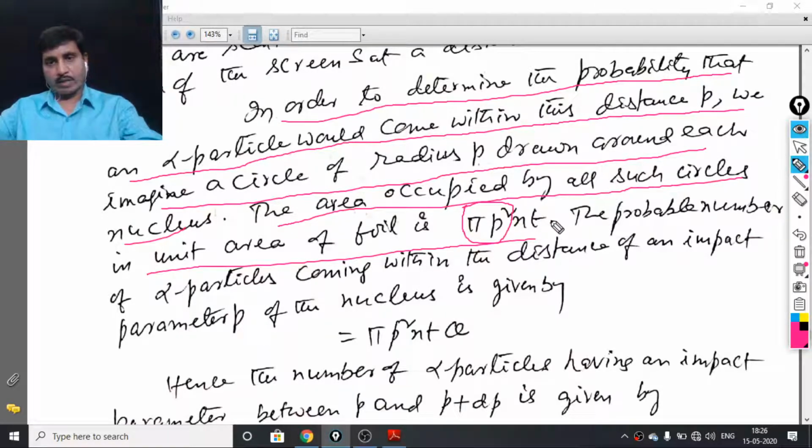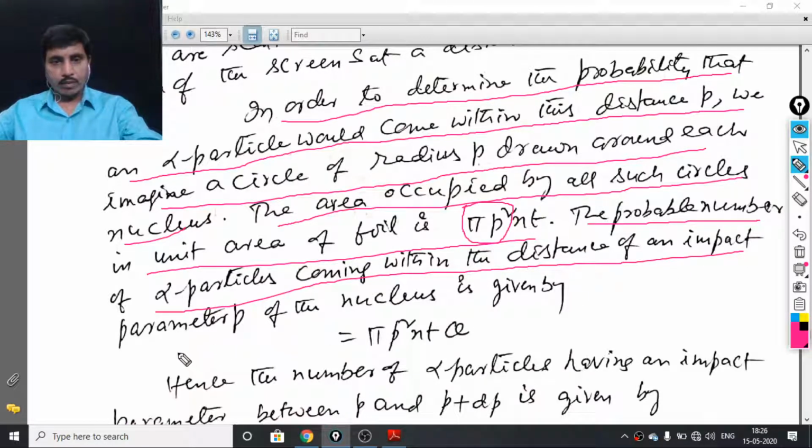of the scatterer. The probable number of alpha particles coming within the distance of an impact parameter p of the nucleus is given by pi p square ntQ, where Q is the total number of alpha particles incident on the scatterer.